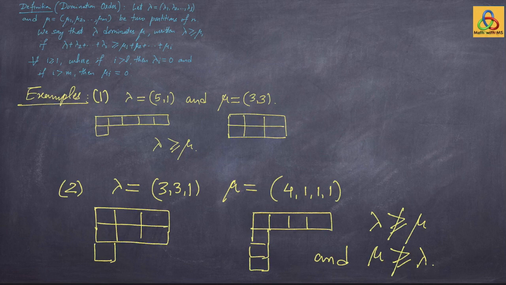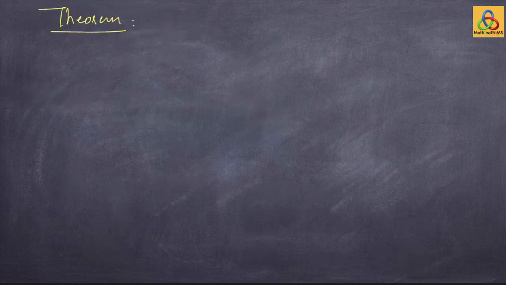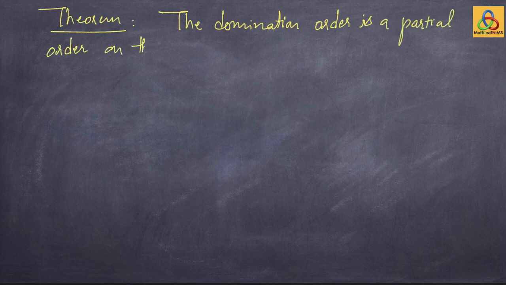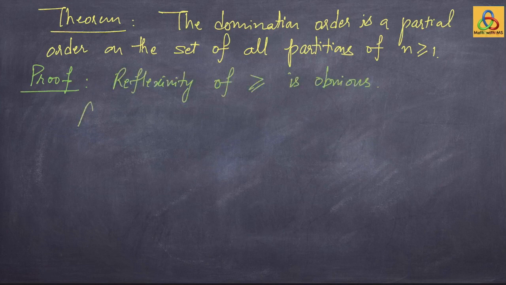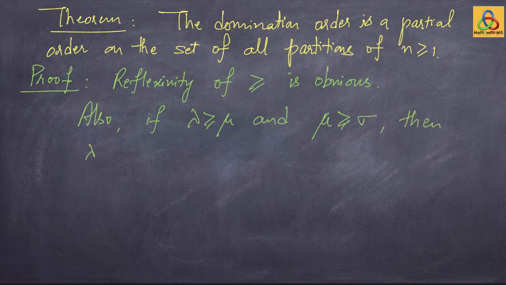Next, we show that this order is indeed a partial order on the set of all partitions of n. The domination order is a partial order on the set of all partitions of n. Reflexivity of the domination order is obvious. Also, if lambda is bigger than or equal to mu and mu is bigger than or equal to sigma, then lambda 1 plus lambda 2 plus so on plus lambda i is bigger than or equal to mu 1 plus mu 2 plus so on plus mu i by definition of the order.